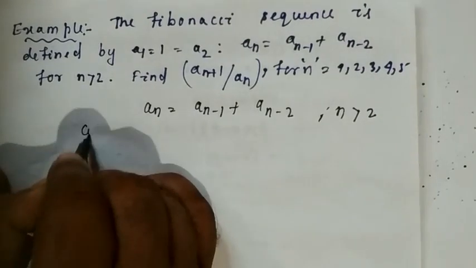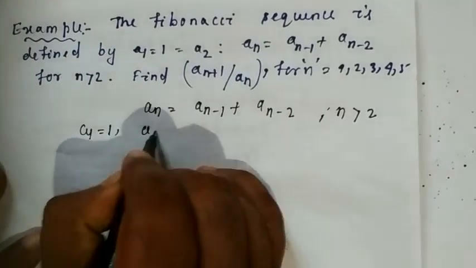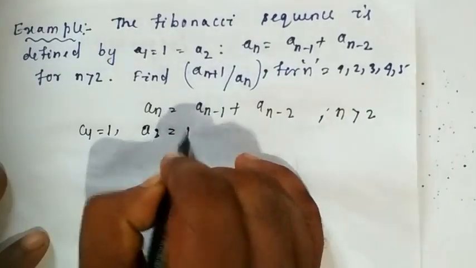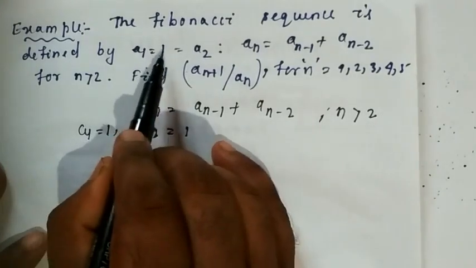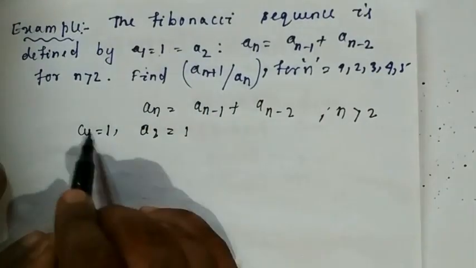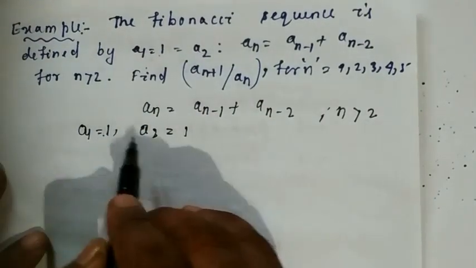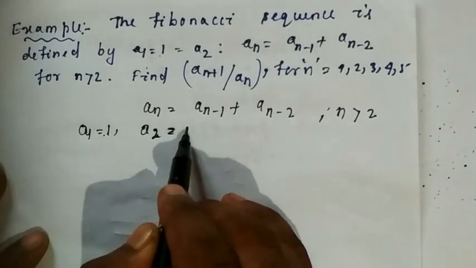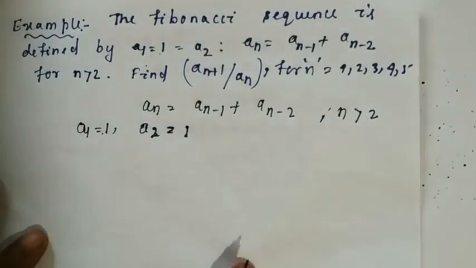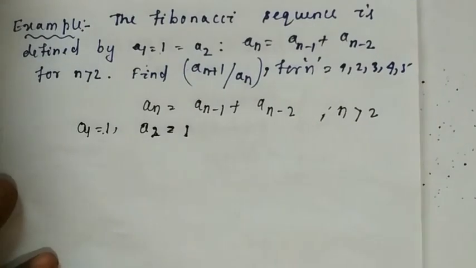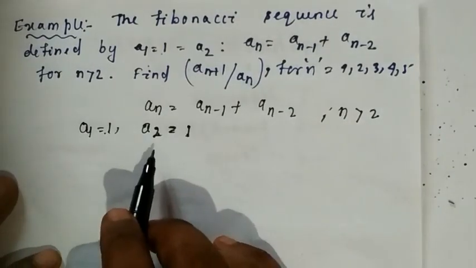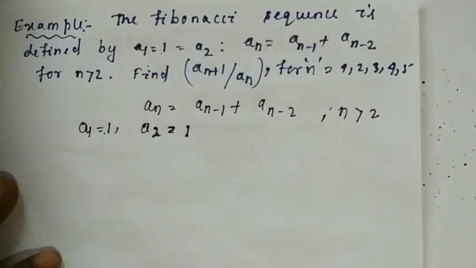So here it is given that a1 is equal to 1 and a2 also is equal to 1. That means a1 is equal to 1 and a2 also is equal to 1. So now we have to find a3, a4, a5, a6, a7 here.